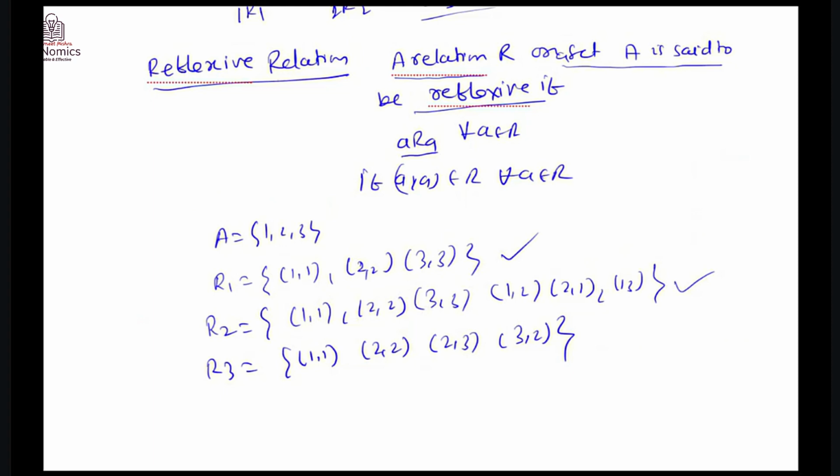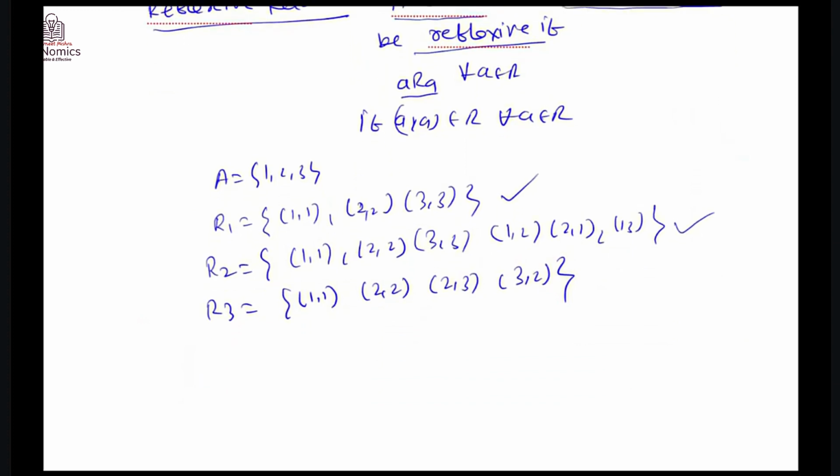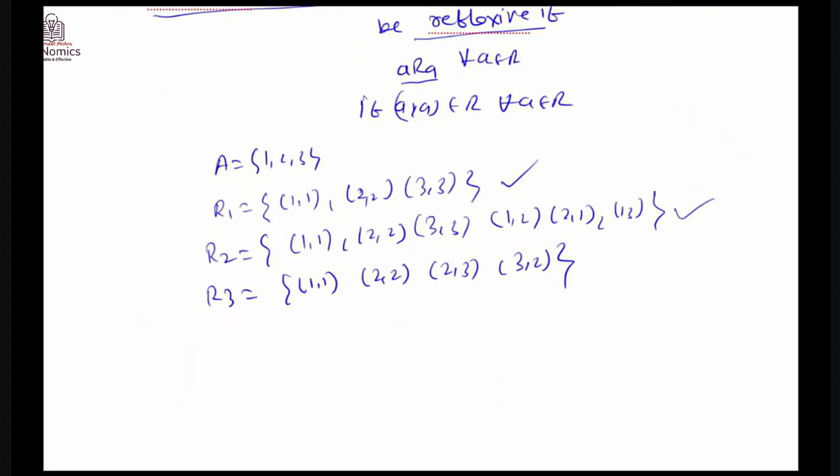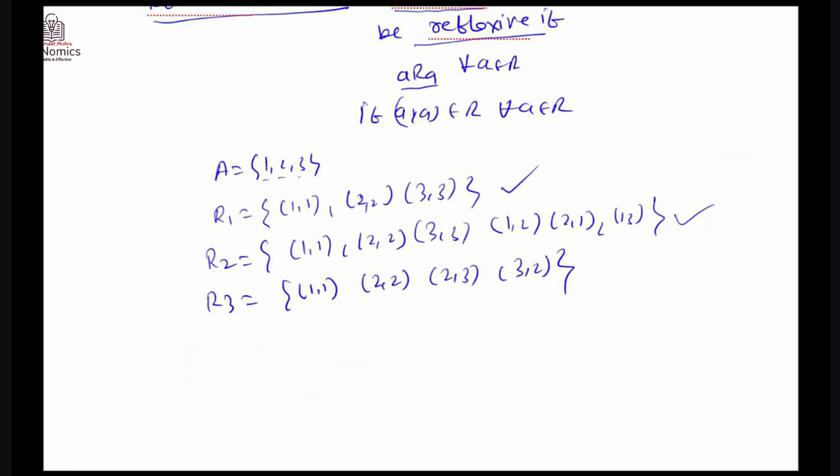This relation is going to be reflexive or not? Yes, it is not. Why? You can see that in A we have 1, 2, 3, but here (1,1), okay, (2,2), yes, but there should be (3,3). But in this relation, 3 is not related to 3. That's why it is not reflexive.